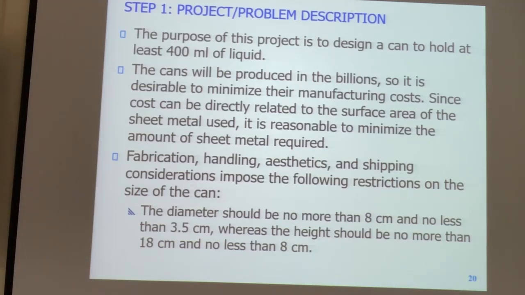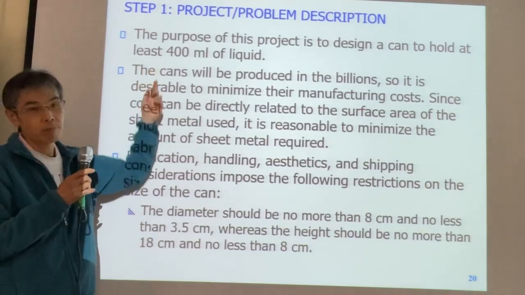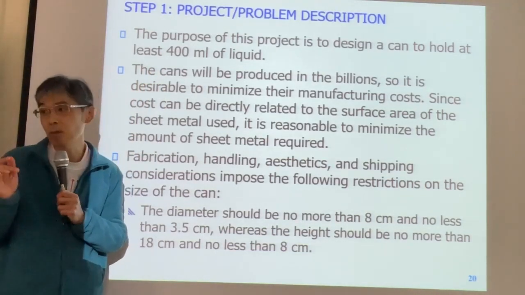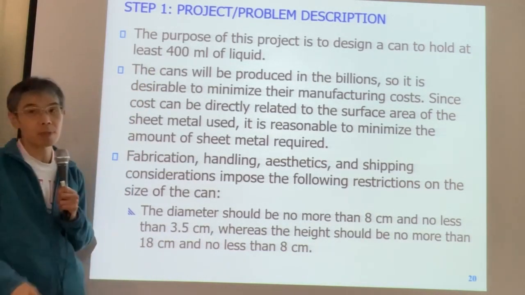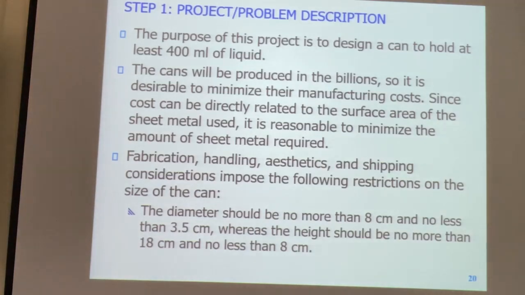Hugh, could you read the first? The purpose of this project is to design a can to hold at least 400 milliliters of liquid. Yes. See, if you see at least, you know this is a design constraint, at least 400 ml. Could you read the second? The cans will be produced in the billions, so it is desirable to minimize their manufacturing costs.